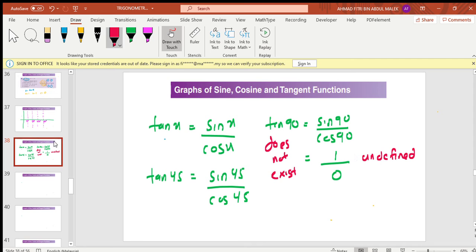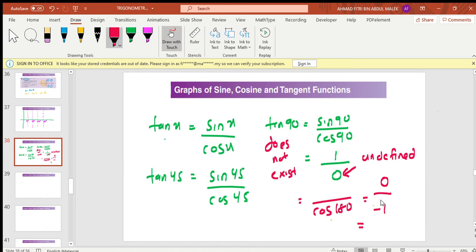It won't touch. So what about 180? If you press the calculator, cos 180, does it exist? Yes, it's equal to -1. And sin 180 is 0. Is it undefined? No. An undefined situation is only when the denominator is 0.